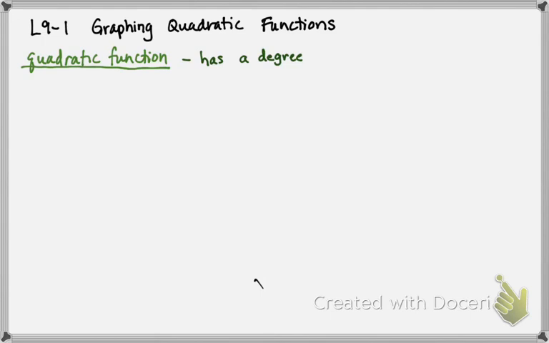So if you had a squared b as part of a monomial, then you would have a 2 from the a and a 1 from the b, and that would make it a third degree. It wouldn't make it a quadratic, but it would make it a third degree. That was a question on the test that many people missed, the first one, chapter 8. Okay, so it has a degree of 2, so that's the max you can have.